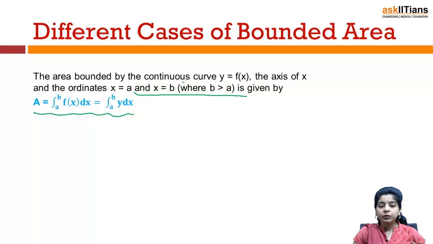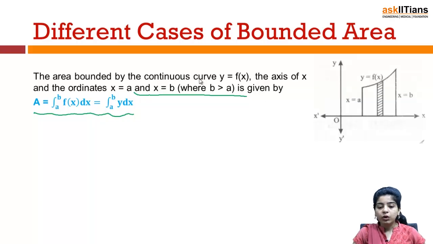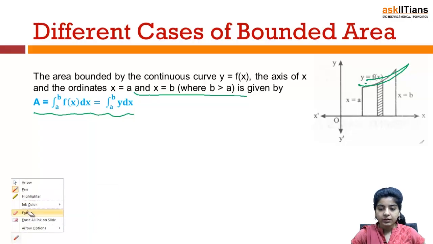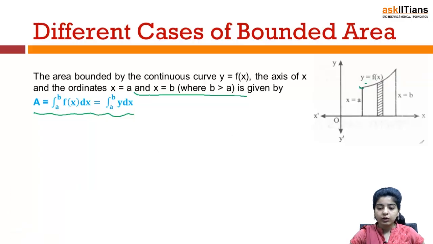First of all we will be drawing the curve corresponding to this. It says the area bounded by the continuous curve y equal to f(x). So suppose this is a continuous curve y equal to f(x), and we have to find the area enclosed by this curve y equal to f(x), the x-axis, and the ordinates x equal to a and x equal to b.